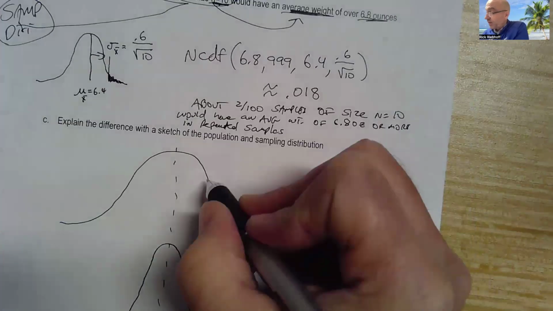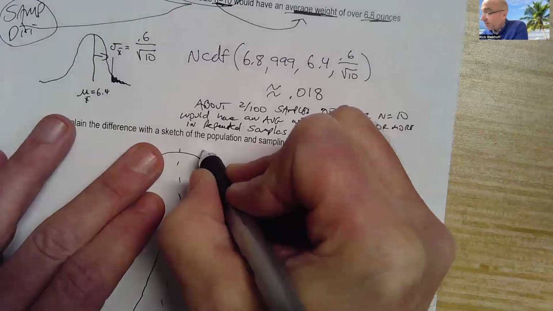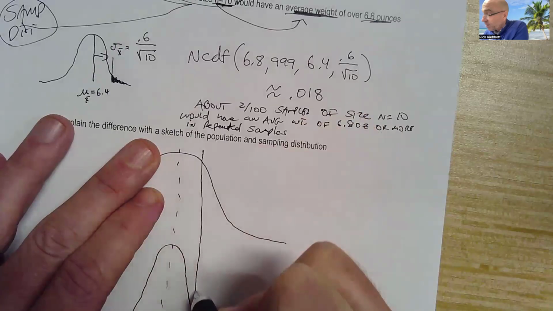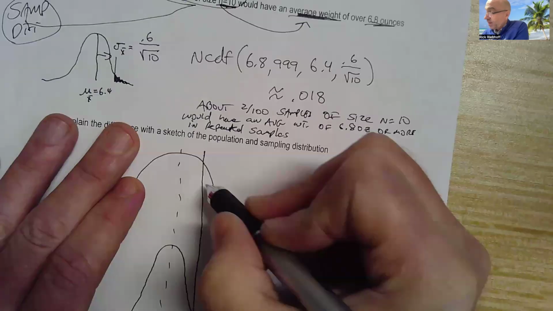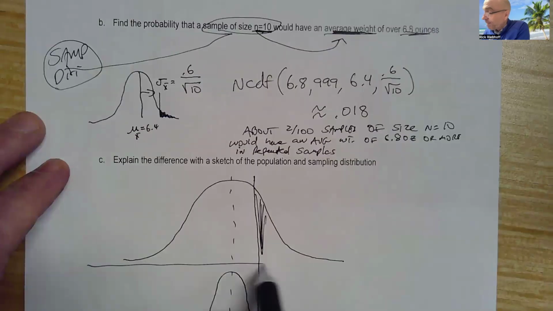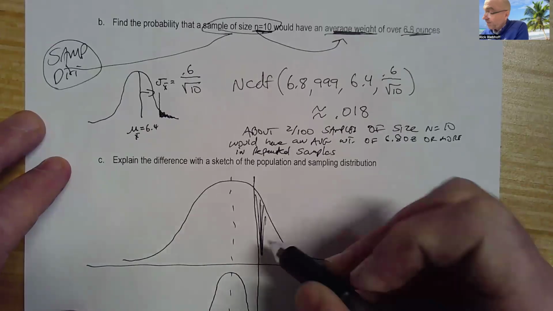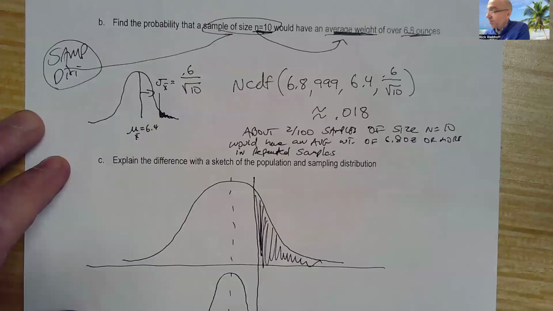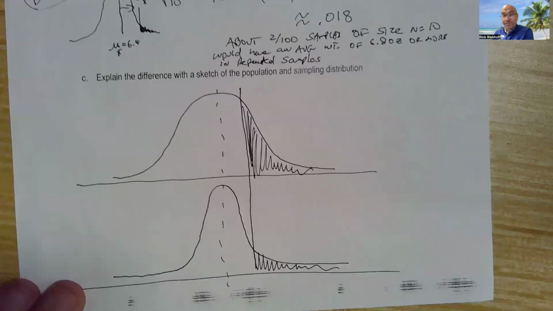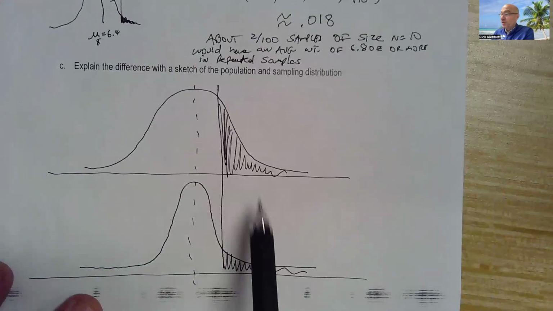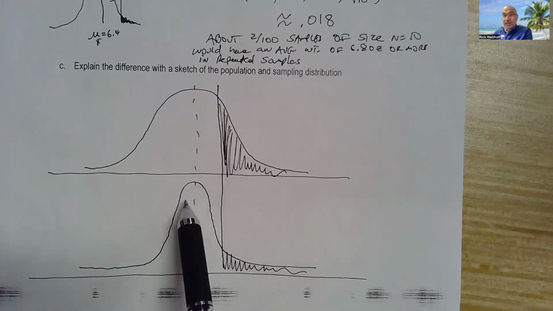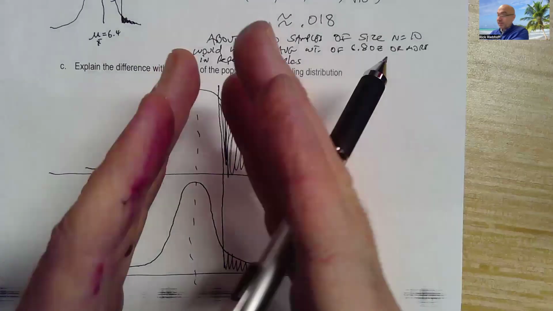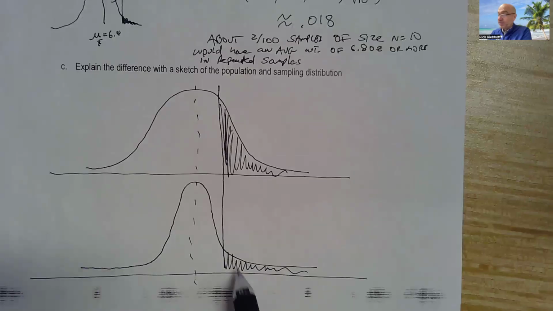They're both at 6.8, which I'll make right here, right? And we can see the difference because this one has a smaller standard deviation but the same mean, so we can see the probabilities would be less. The larger the sample size, the more this gets squeezed in.